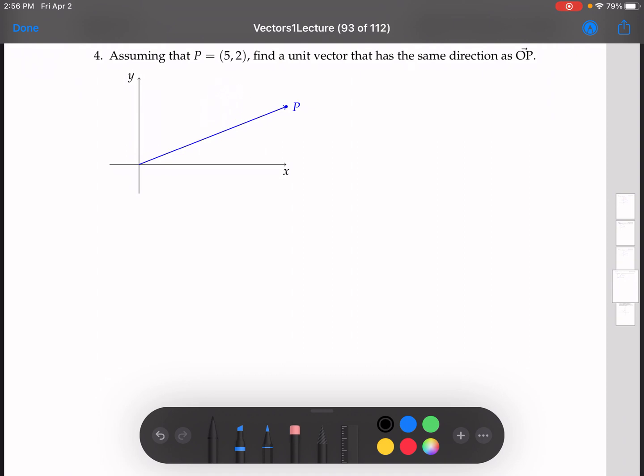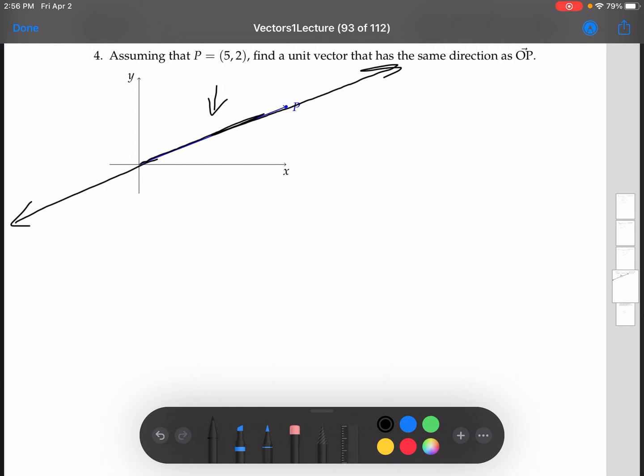Now, before we even start worrying about vectors and all that, let's just look at a couple of lines. First, let's look at the line that goes through this vector OP. The line that goes through that is the line that just covers that thing there.